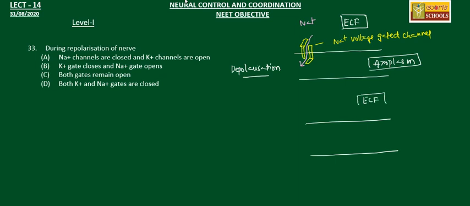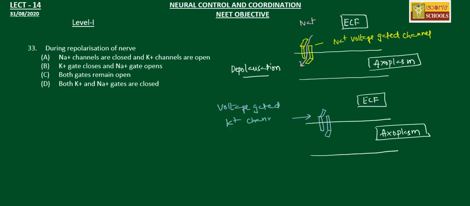so here is ECF and this is axoplasm. So here is the movement of potassium ions to outside. So you can see here there are voltage gated potassium channels.